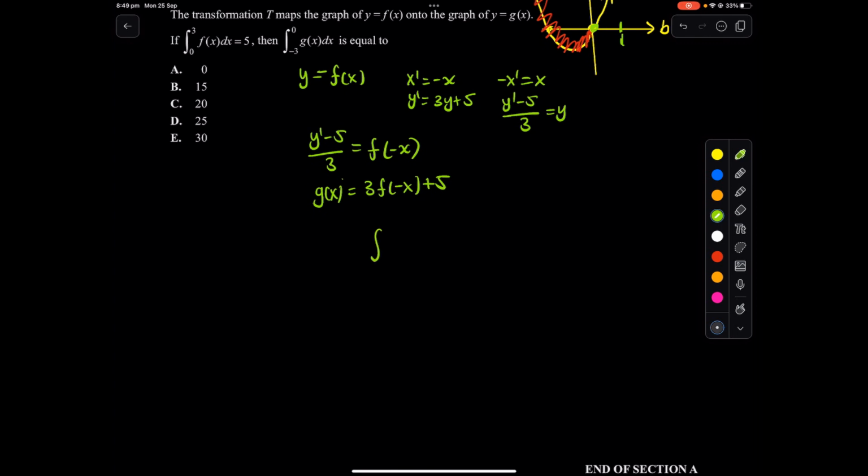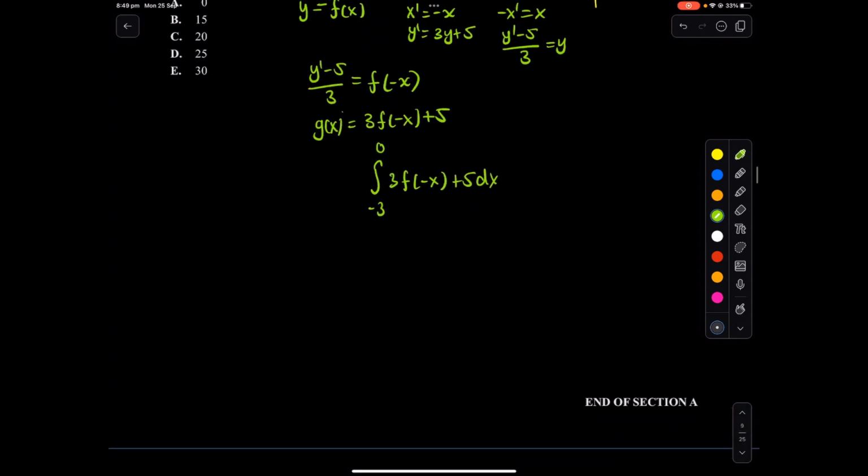yeah, so let's split it. From negative 3 to 0, 3f of negative x plus 5 dx.